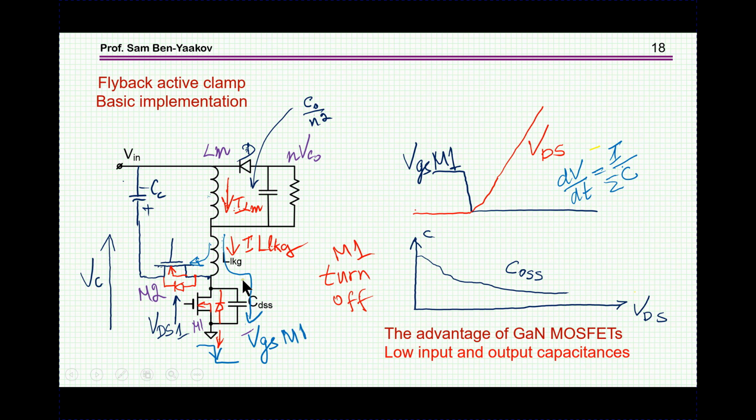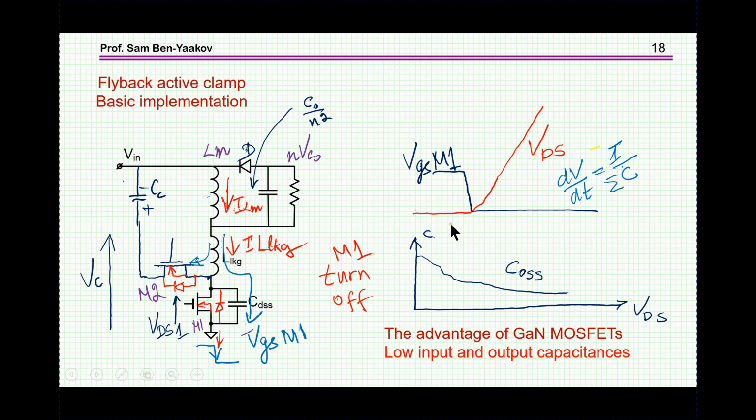So we don't want them large, and in fact, this is the good reason why we like to use gallium nitride, if the price is right, because gallium nitride has low capacitances for both the input and output, while still retaining this feature.